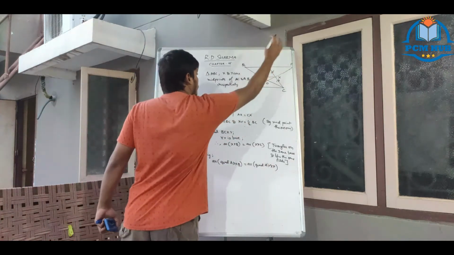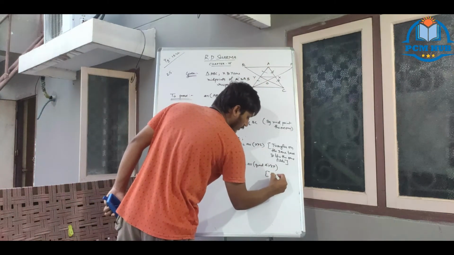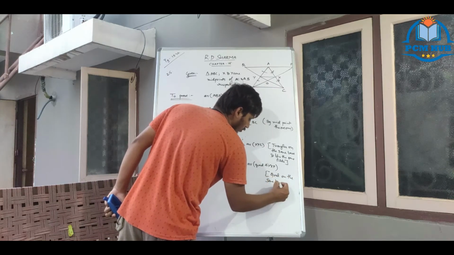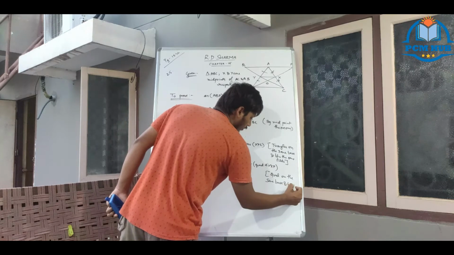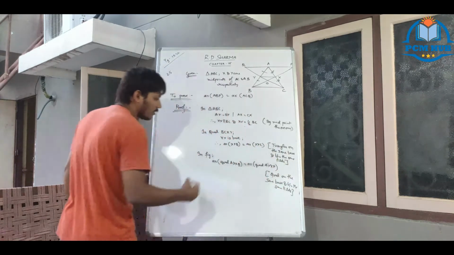AXYQ, AYXP. Why? Quadrilaterals on the same base and between the same parallels.